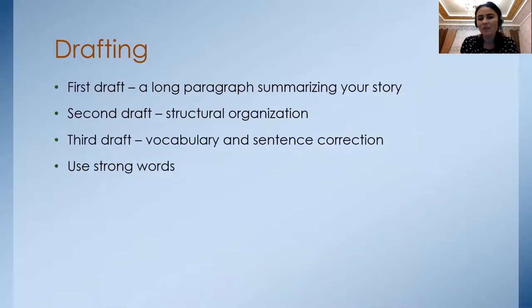For example, if you are touching the issue of lack of education for young girls or restricted access to education for young girls, you can summarize your story like, I know a girl who had dreams about higher education, but instead of this, she was prepared for a marriage life.